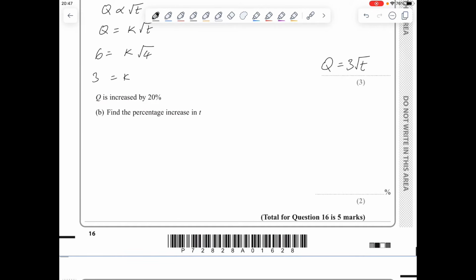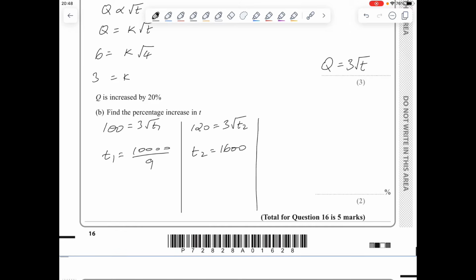As an alternative to part B, you can do the following. Let Q be equal to 100 and find the value of T. And then similarly, let Q be 120 and find the value of T. All this is done using the formula found above. I'm not going to go through the calculations, but here T1 comes out to be 10,000 over 9, and T2 comes out to be 1600.